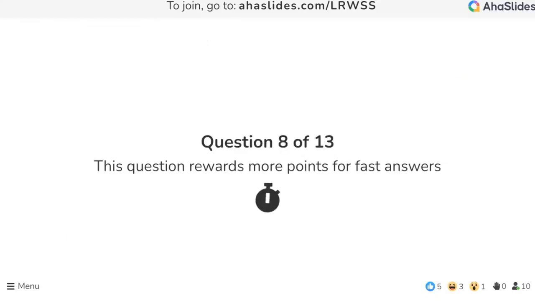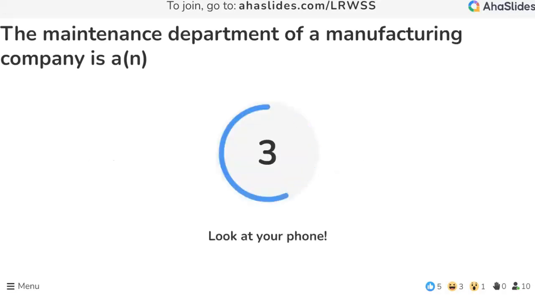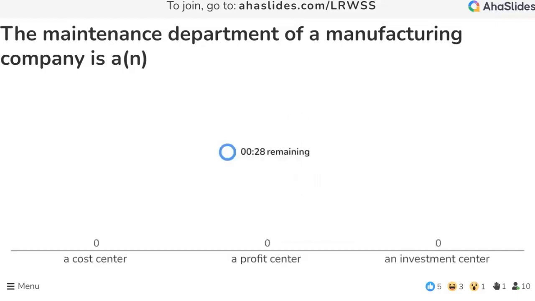Question number 8: a maintenance department of a manufacturing company. Would that be a cost center, an investment center, or a profit center?